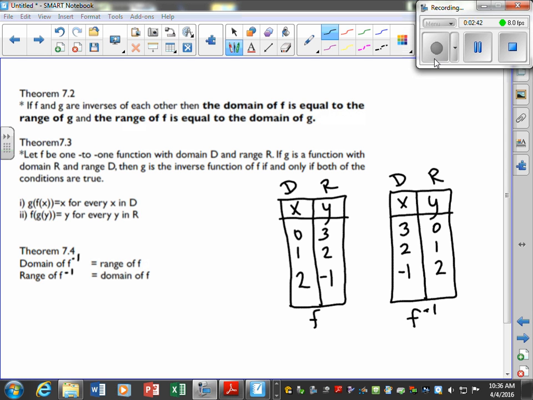Just to see a quick example of this, let's say I had my function f here, and it had ordered pairs (0, 3), (1, 2), (2, -1), where the domain are the x values, the range are the y values. Then the relationship that these two have, if this is the inverse of f, is that the domain of f inverse, right here, is equal to the range of f.